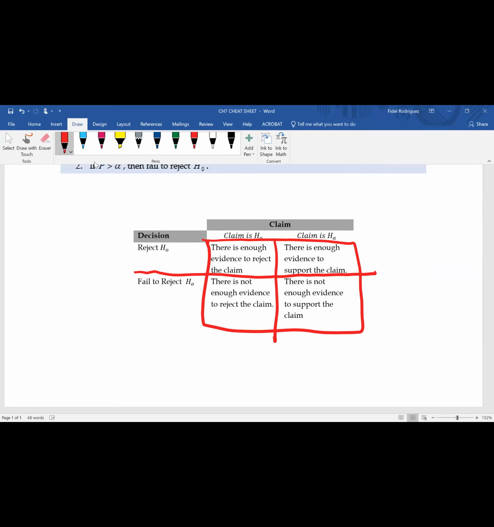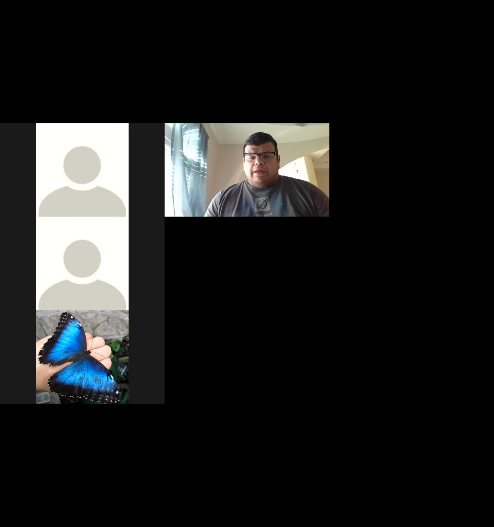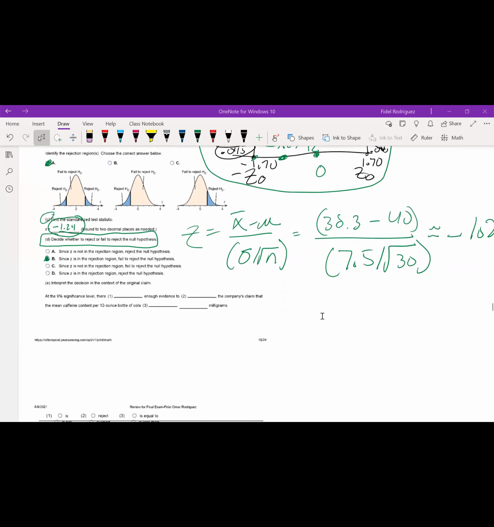The claim was the null, and we failed to reject it. So we're going to say there is not enough evidence to reject the claim, right? There's not enough evidence to reject the claim. So let me stop sharing this, and let me come back and share my notes one more time.